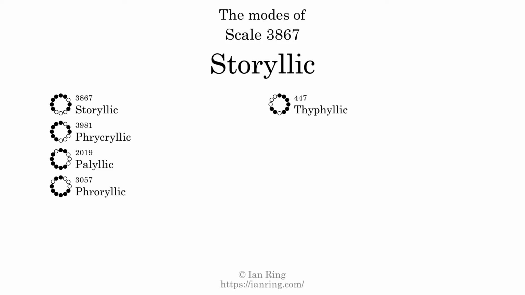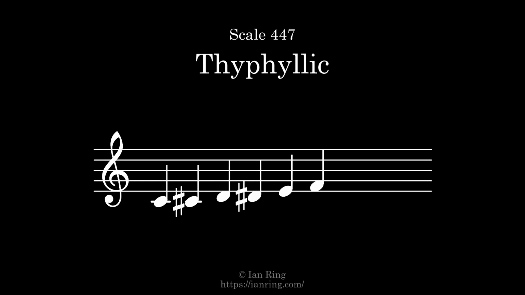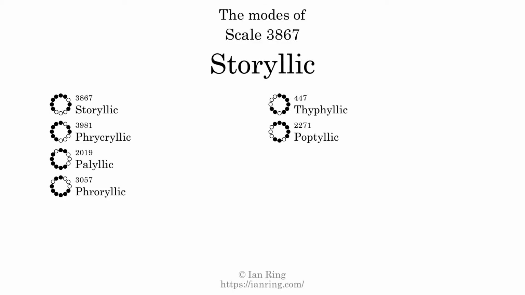The fifth mode is scale 447, also known as Storyllic. It sounds like this. The sixth mode is scale 2271, also known as Storyllic. It sounds like this.